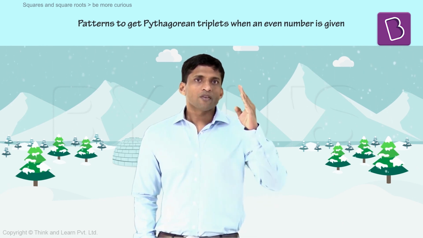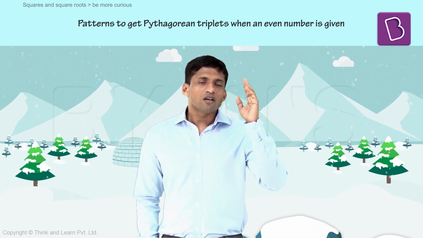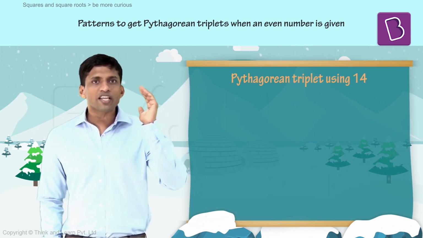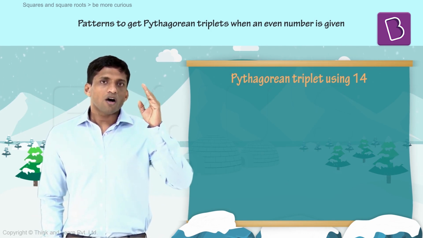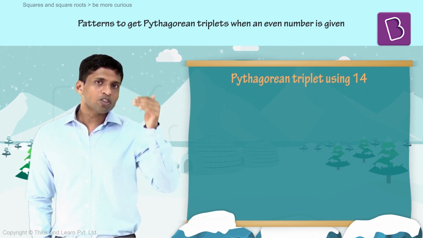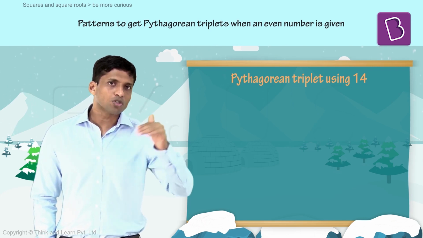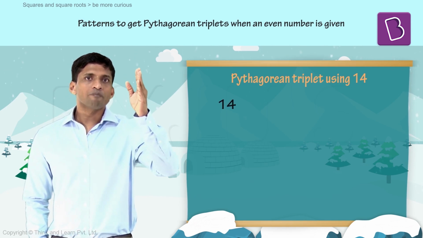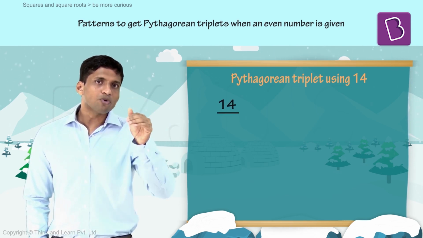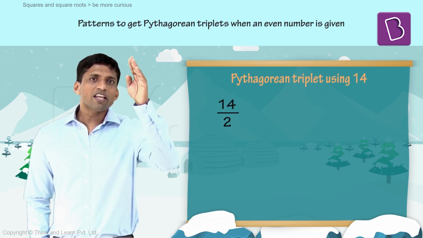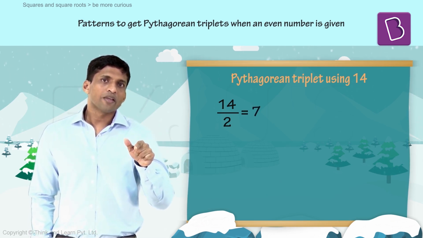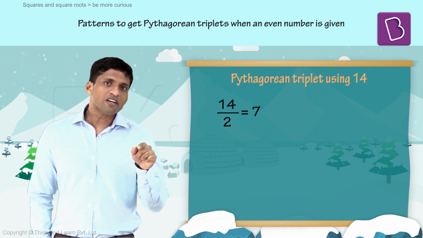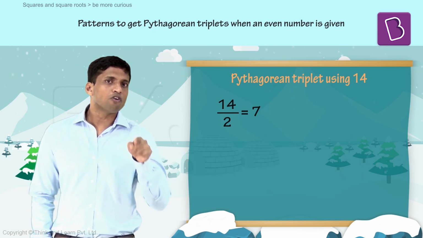For example, if you want to find a Pythagorean triplet where 14 is involved, using the same approach as the previous shortcut based on odd numbers, you start with 14. First, you divide it by 2 and get an odd factor. So 14 by 2 is 7. Now using 7, you find a Pythagorean triplet, which we know how to do fast.